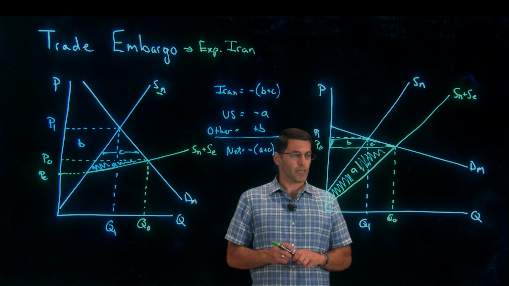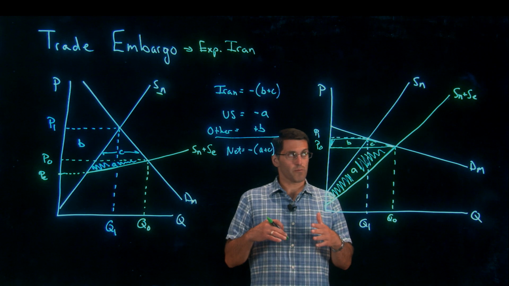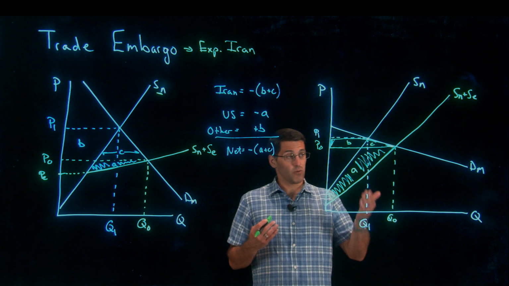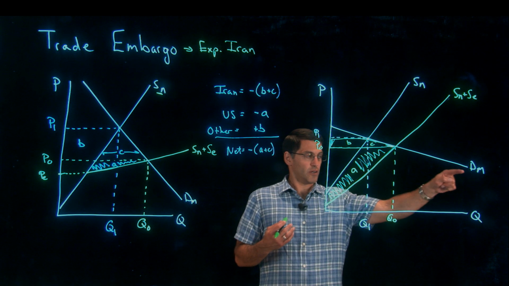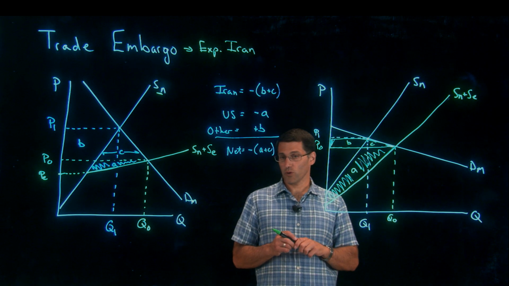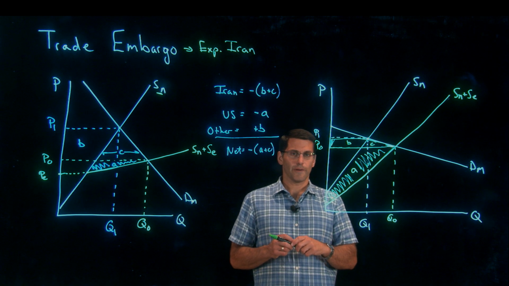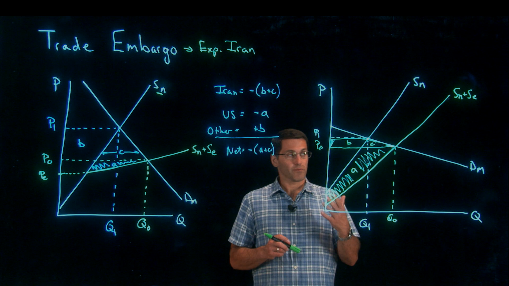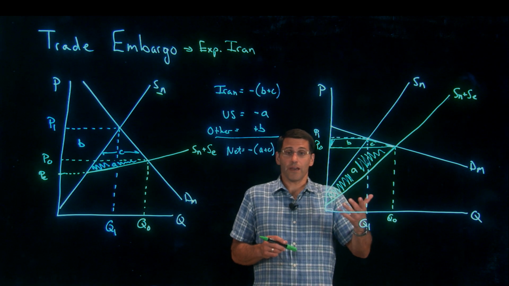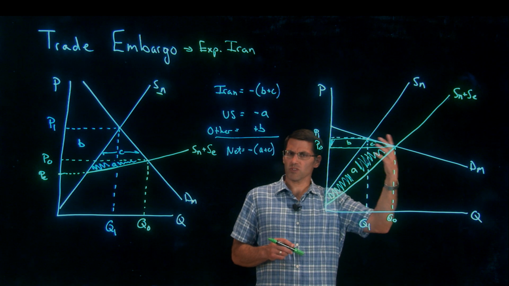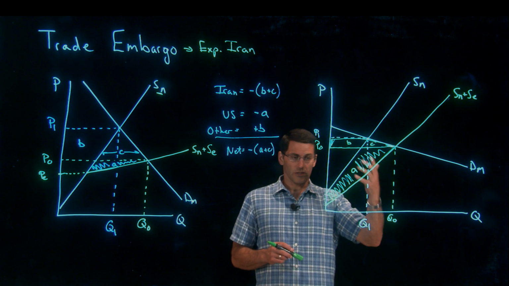And if you look at it, we have to start to ask, well, what are the underlying factors? One factor is, how elastic is the demand for imports in the embargoed country, in this case Iran? Another question we have to ask is, how big a share of the supply is the U.S., the embargoing country, in this example? How much of the supply of these goods does the U.S. constitute?